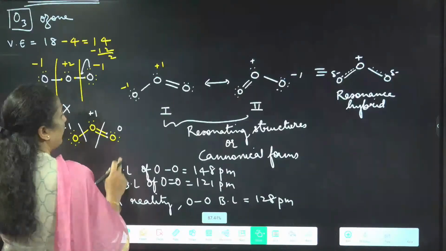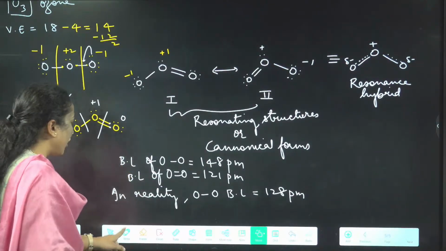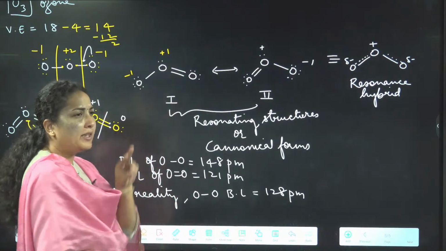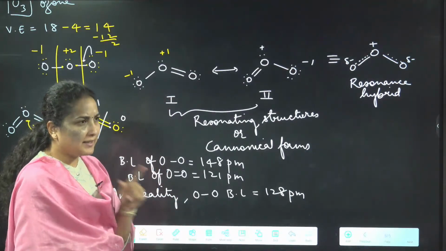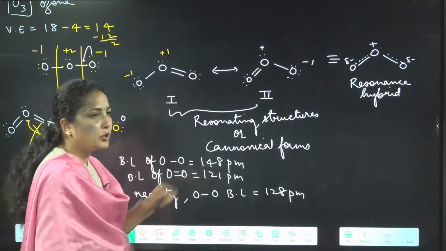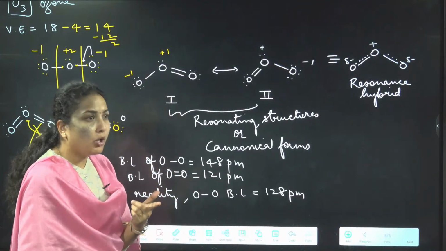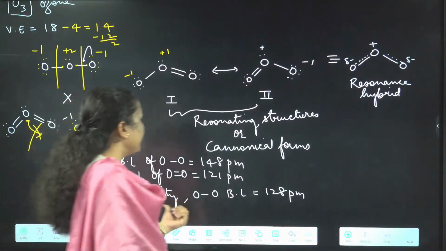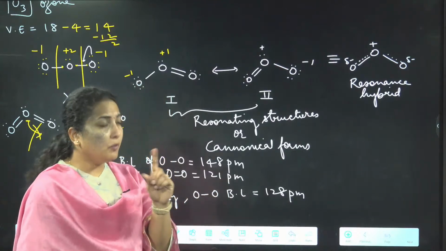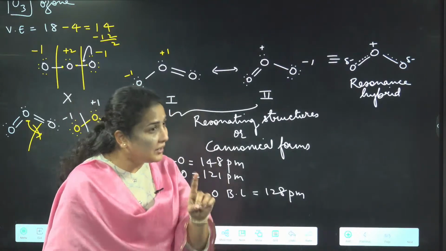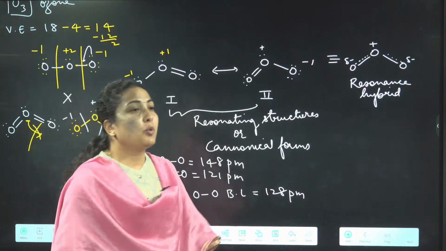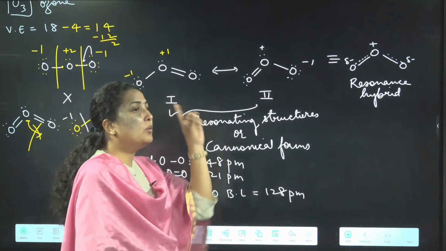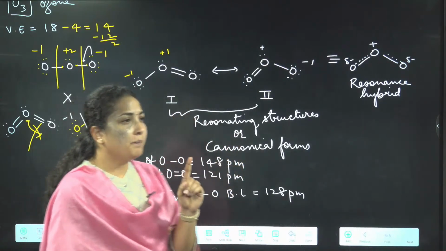If earlier scientists thought that ozone is like this, with only one structure, then I should have 2 types of bond lengths: one according to the double bond, shorter, and one according to the single bond, longer. But when they studied this molecule, they identified that in reality there is only one type of bond length, and that too is intermediate of these two. So what it tells is that there is a possibility of more than one structure for this particular O3.